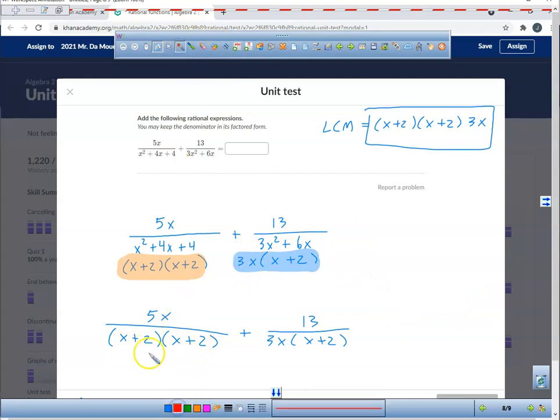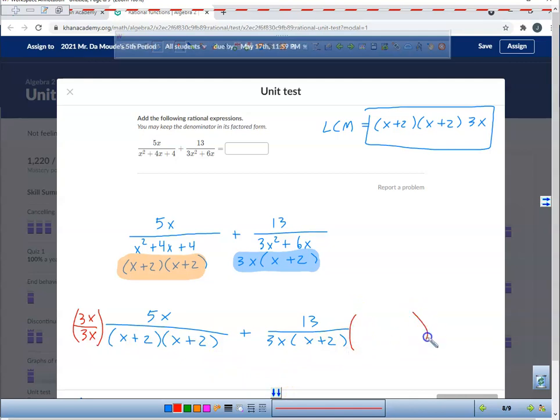What does this guy need that it does not have in the denominator? A 3x. So here's what I want you to do. I want you guys to multiply this by a 3x and a 3x. What does this need that it does not have? Another x plus 2. Very good.